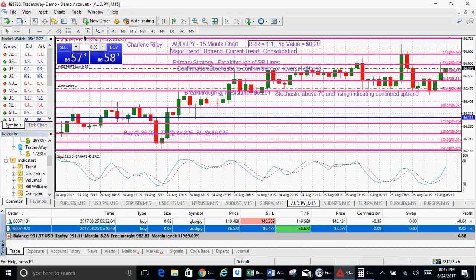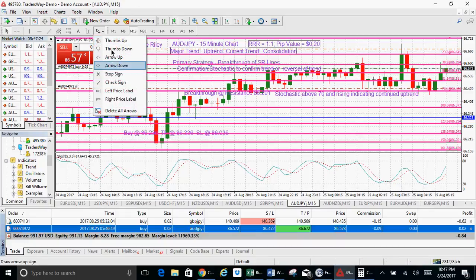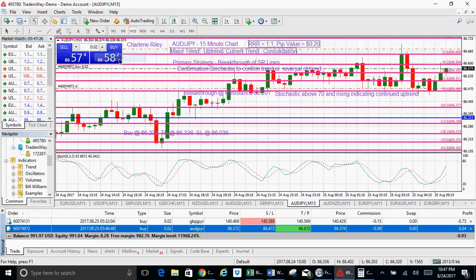And now let's get my chart labeling in. Here's where I entered into the trade.